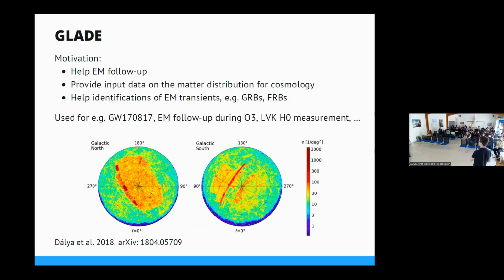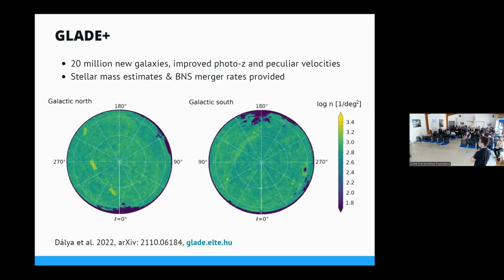So for GRBs, FRBs, and a lot of other transient phenomena. So yeah, this one was a quite small catalog, just a couple million galaxies. So then we continued the development of the catalogs as new observations became available, as we get to know new galaxies and new properties of those.